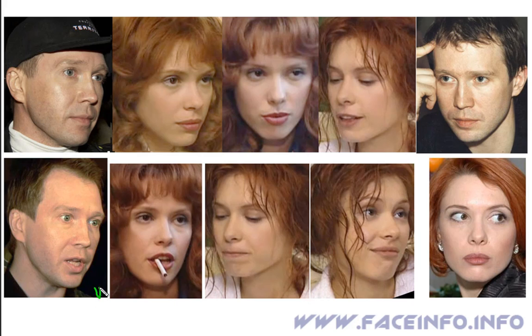So the shape of nasal bones and cartilages of Evgeny Mironov and Tatiana Kolganova is very similar. We see that the development of nasal muscles also develops the nose wings, despite the fact that they consist mostly of fat.